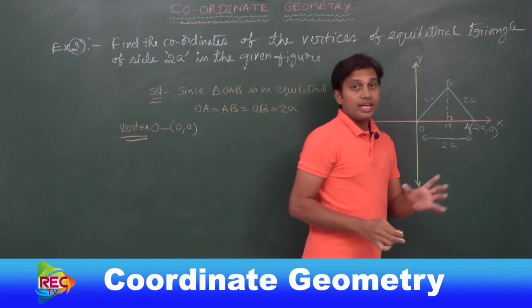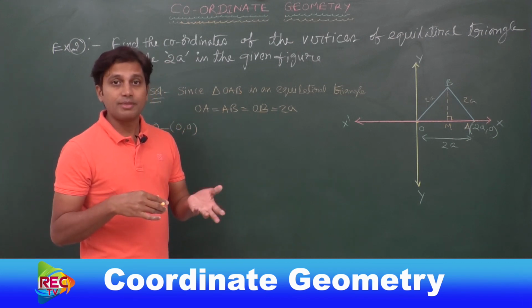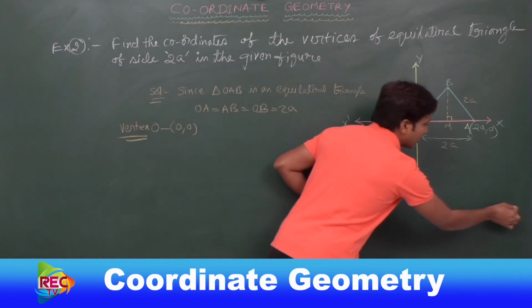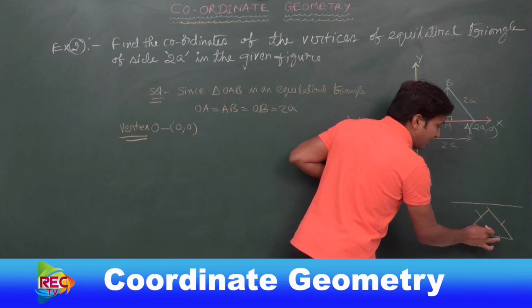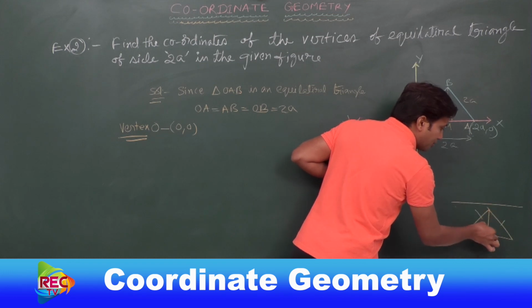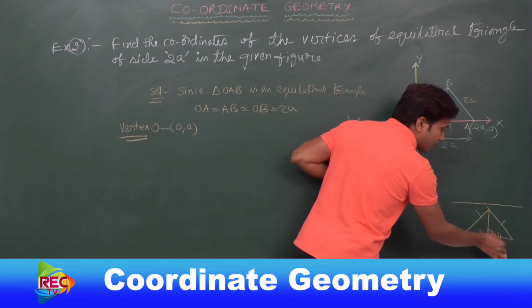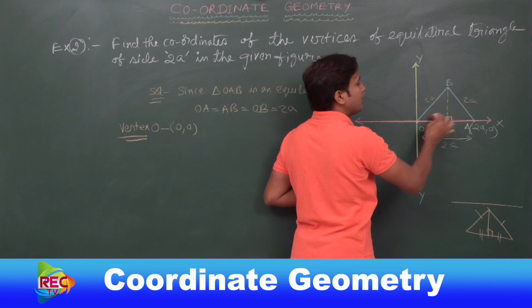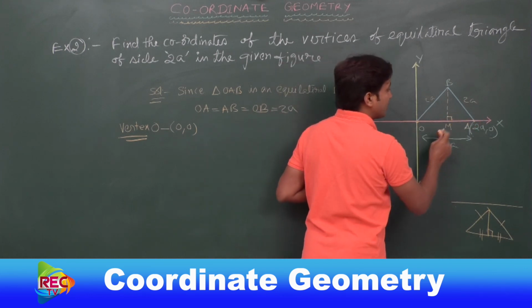And one more thing I want to tell you about the properties of triangles from 9th standard mensuration and geometry. In an equilateral triangle, if you draw the altitude, that altitude will bisect the opposite side. Is this perpendicular an altitude or not? This perpendicular is the altitude onto OA, so definitely it will bisect the opposite side.